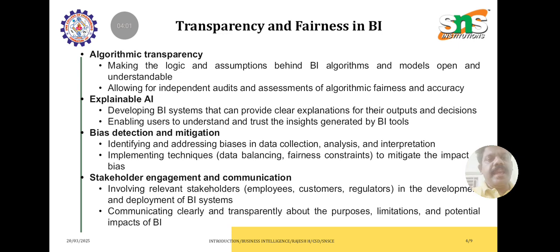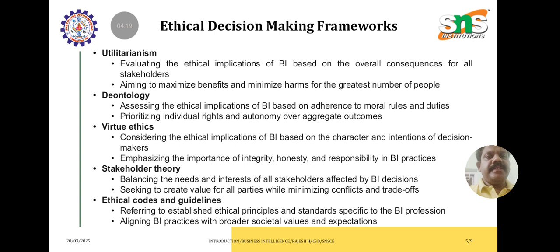Then the stakeholders engagement communication also notably an important thing, where the relevant stakeholders like employees, customers, regulations in the development and deployment of BI systems. It is been communicating clearly and transparently about the purposes and limitations and potential impacts of BI. And the other things are ethical decision making frameworks, where it talks about utilitarianism.